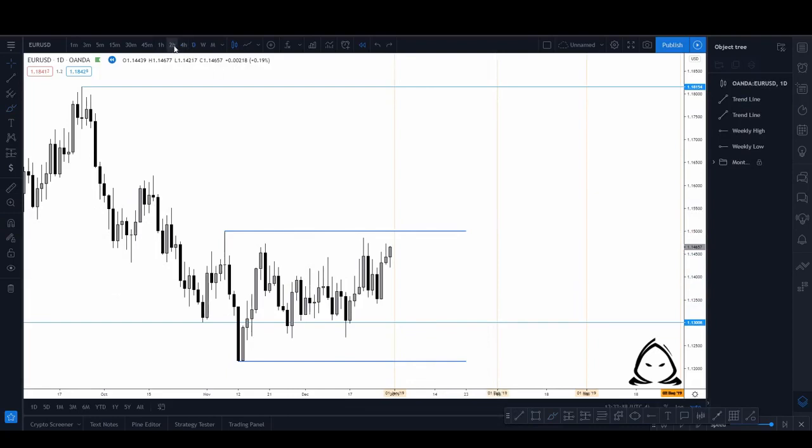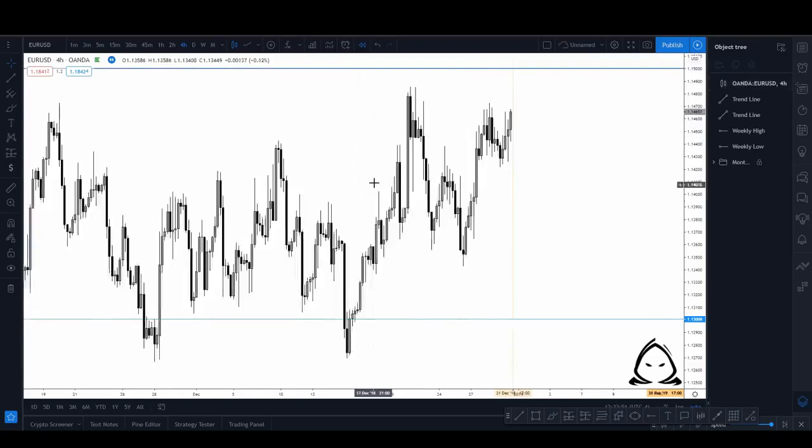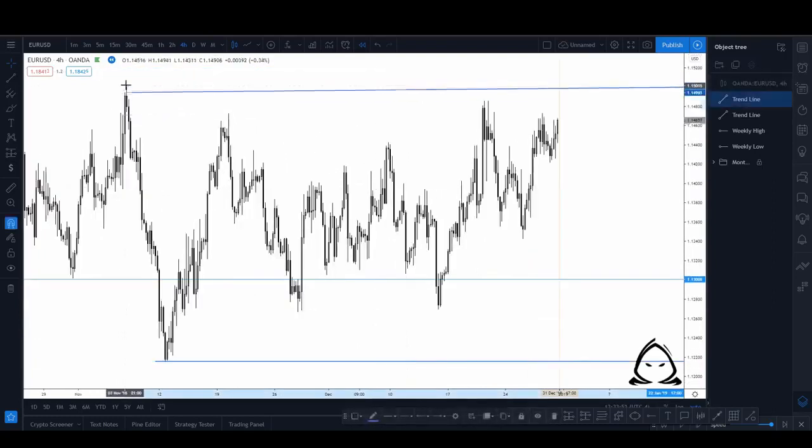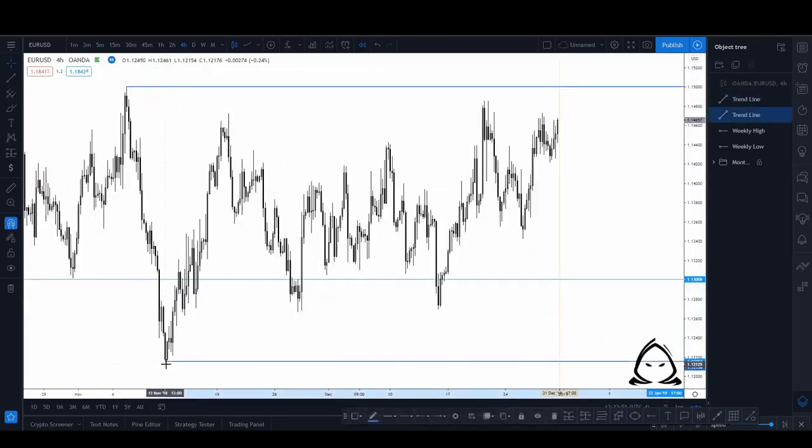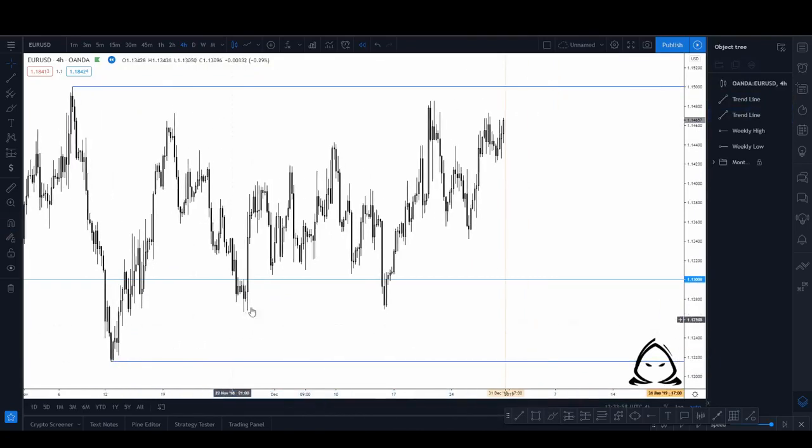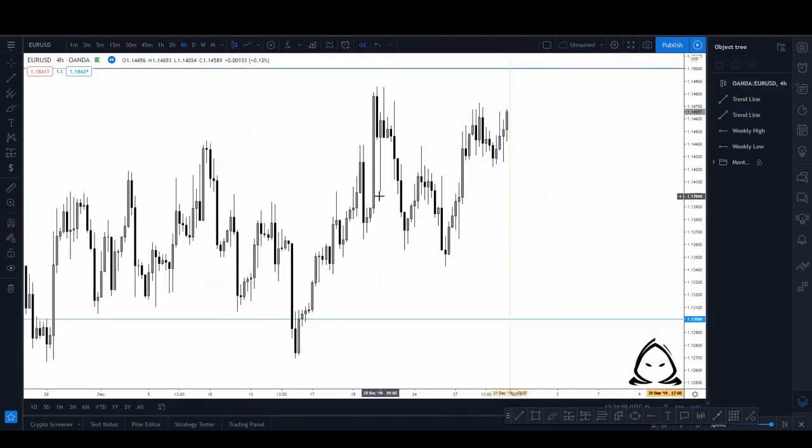And now what we can do is drop down to the 4-hour chart and again just take a look at what we have going on here in terms of market structure at the very beginning of our backtesting session.